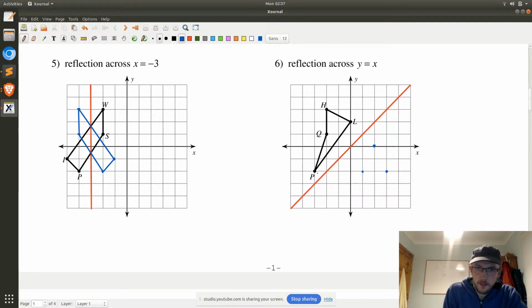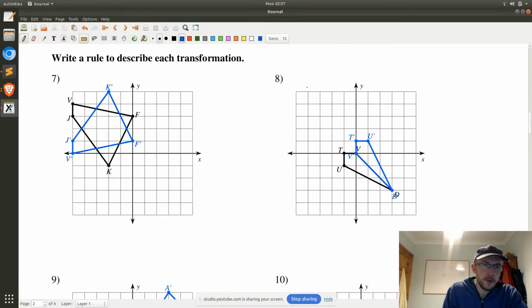That one. And that one. And connect. That's fine. Now write a rule.